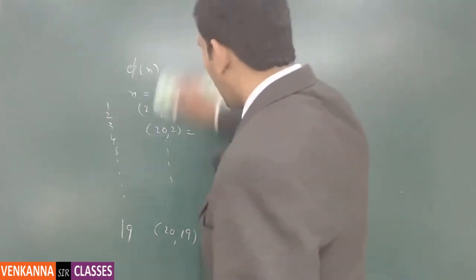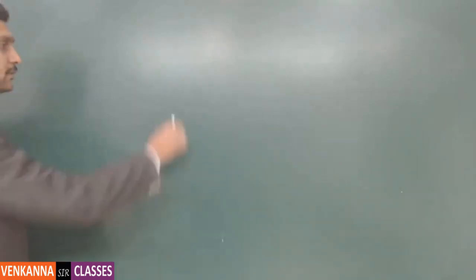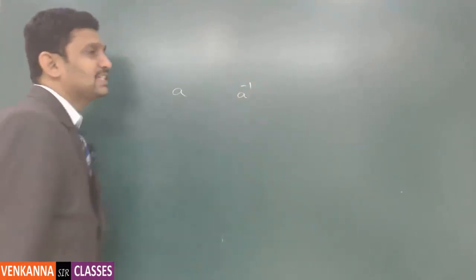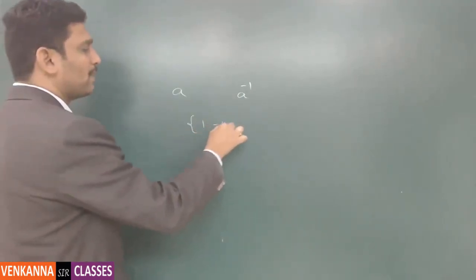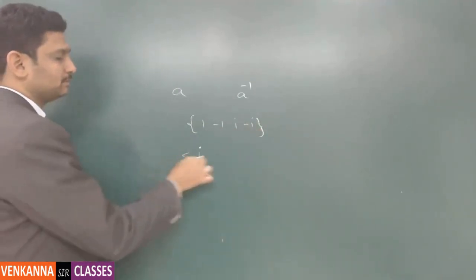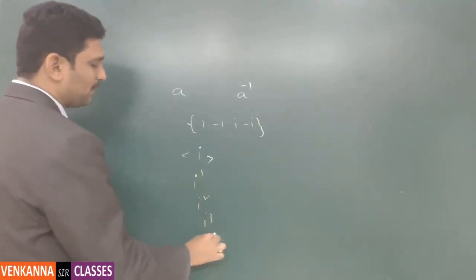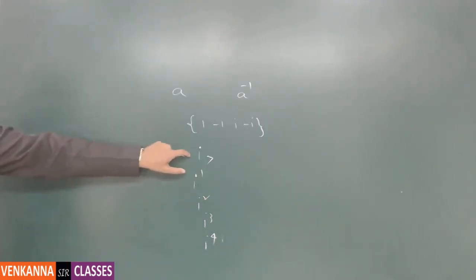I will give one more interesting thing: if you know one generator, you can determine the other generators also. I will say, if A is a generator, then A inverse is also a generator. Because for the group 1, minus 1, I, minus I, I is the generator, because I power 1, I square, I cube, I power 4 will give the given set. So what is the inverse of I here?